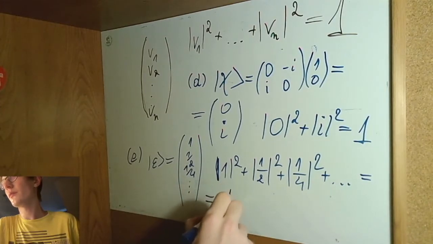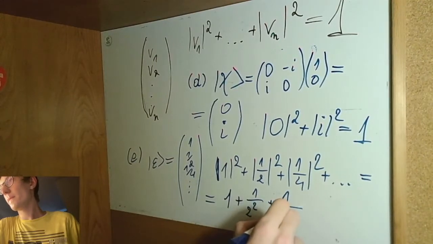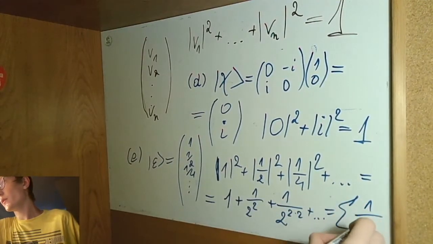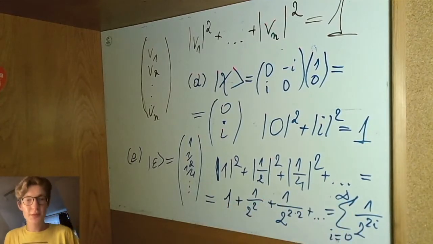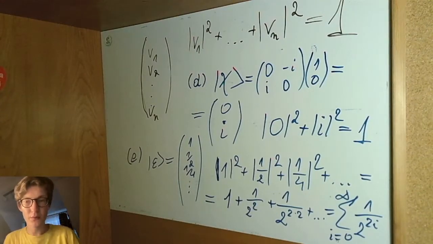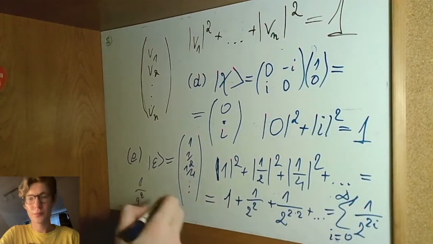So let's write 1 plus 1 over 2 squared plus 1 over 2 times 2 squared and so on. In fact, it's the sum of 1 over 2 to the 2i, where we start with i equal to 0 and go to infinity. So it's a geometric series whose factor is 1 over 4, because we multiply by 1 over 2 squared each time.